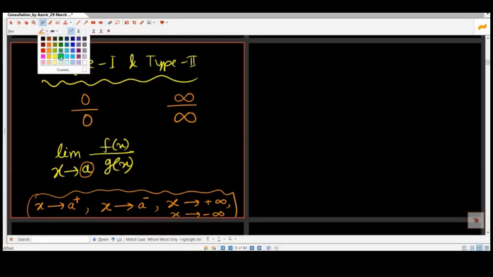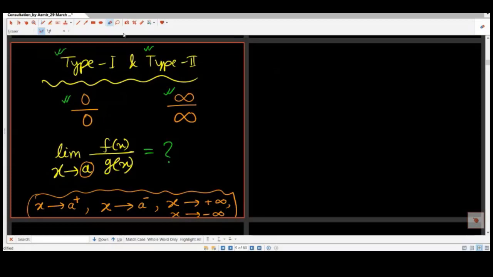So our target is to evaluate this limit. We are sure that f of x over g of x is giving us either 0 over 0 or infinity over infinity. That means we have type 1 or type 2. So if we have type 1 or type 2, then only we can apply L'Hopital's rule.